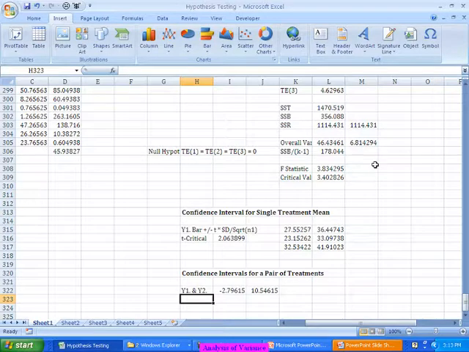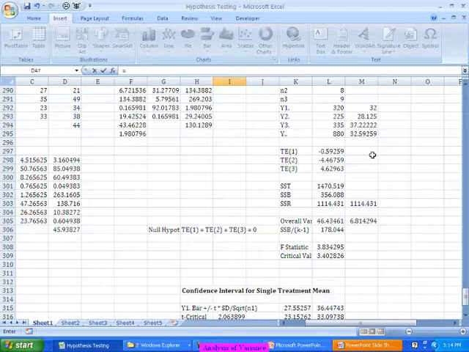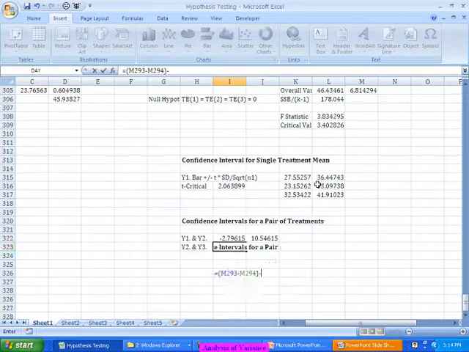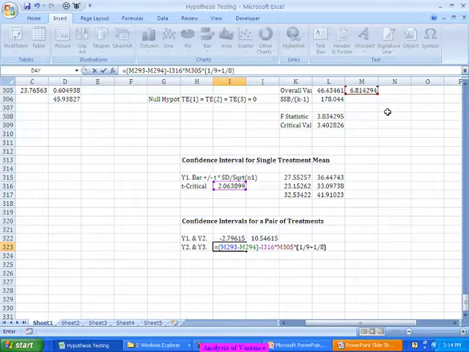But overall we have seen that they are not all equal, which means at least one pair should show an issue. So let's say I am trying to find out y2 dot and y3 dot. The same logic, if I apply, y2 bar minus y3 bar minus 2.06 times the standard deviation times 1 by 9 plus 1 by 8.